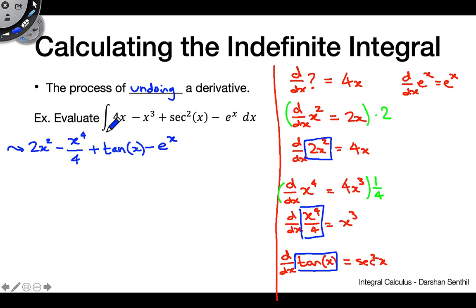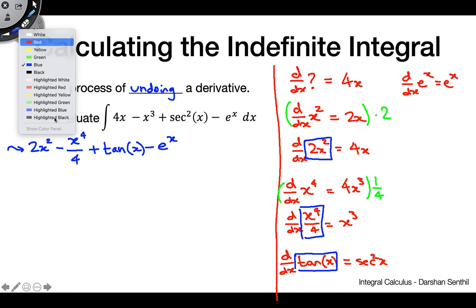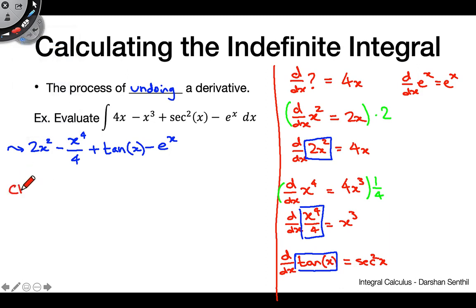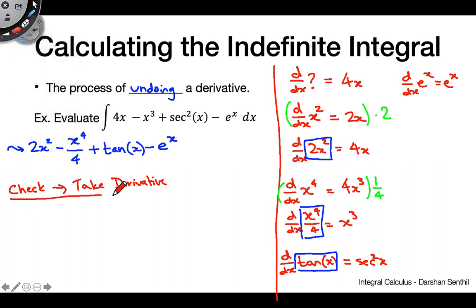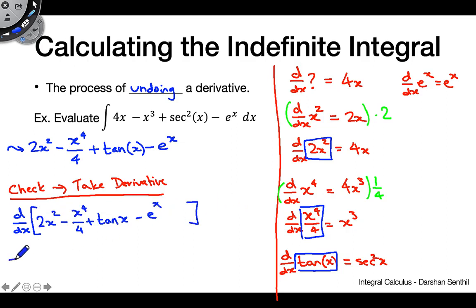Now let's see if we can check this answer by taking a derivative. Yeah, we can check this answer by taking a derivative. Right? So if I took a derivative of this, well, what would this come out to?